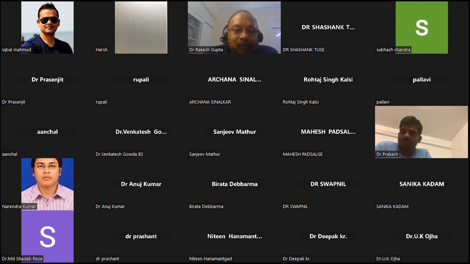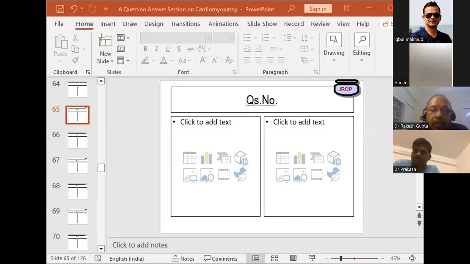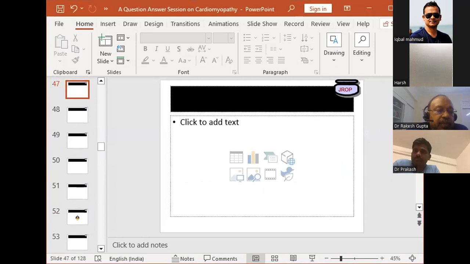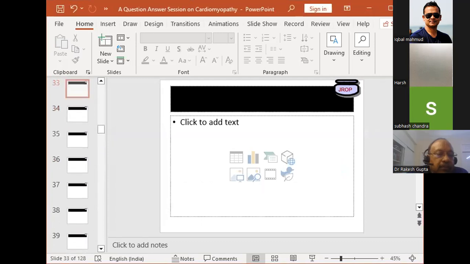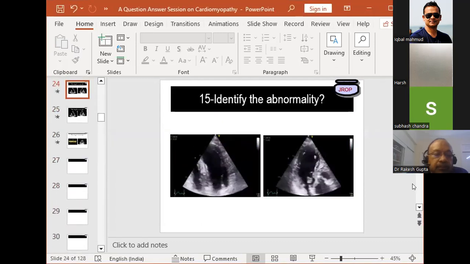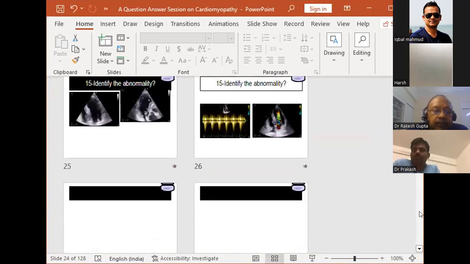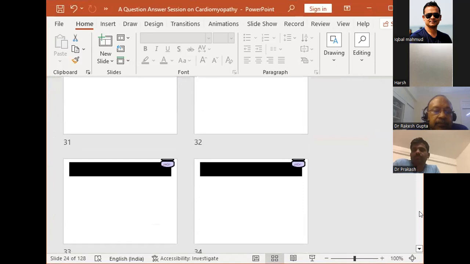Sir, the last image, can I ask something? Yes, go ahead. Sir, it looked like the mid cavity obstruction, but the turbulence was higher, and the graph was not showing much gradient. The last spotter, mid systolic obstruction, correct.